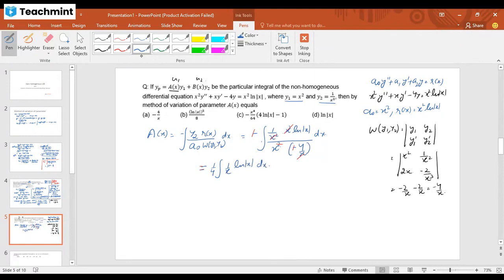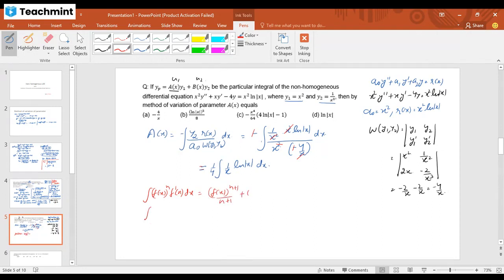Now here again we are going to use the property of integration. The property is the integral of f(x) to the power n into f'(x). If we have a function with some power into its derivative, because the derivative of log x is 1 upon x, in that case we simply use the power rule, f(x) raised to the power n plus 1 upon n plus 1, plus c.